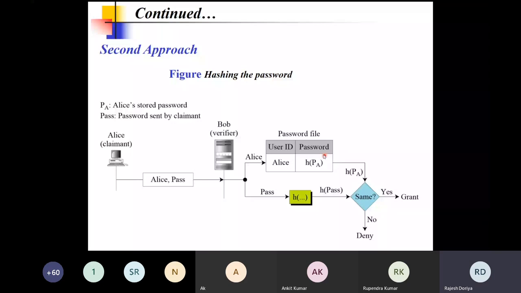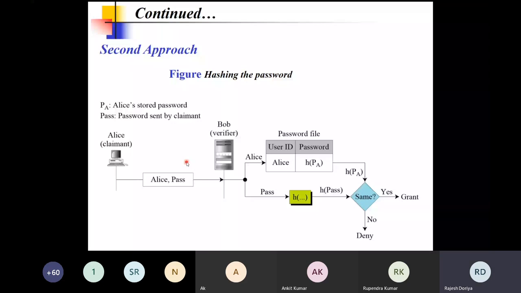If somebody gets this file, then the imposter or the adversary will only get the hash value. And from the hash value, as we know, this is a one-way function, so the attacker will not be able to know the actual password. So this way we can prevent those sorts of attacks by hashing the password. Okay.